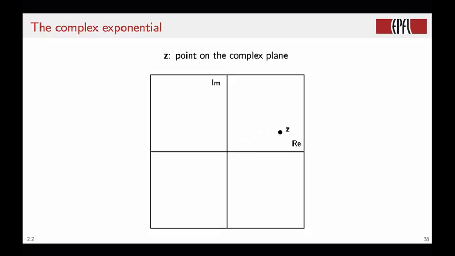Okay, so if we have a point on the complex plane, z, this location, and we want to rotate it, then the argument is that we can simply multiply it by a complex number here, e to the j alpha. That's the previous character, and it will exactly move z by an angle alpha. Okay?